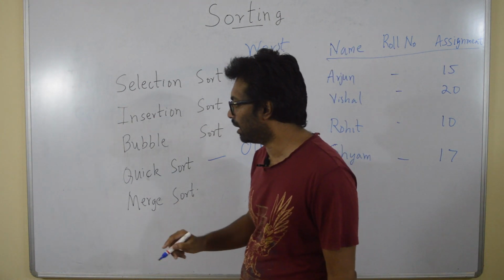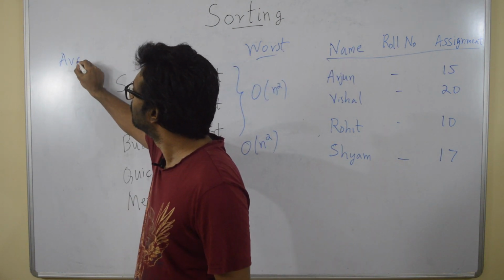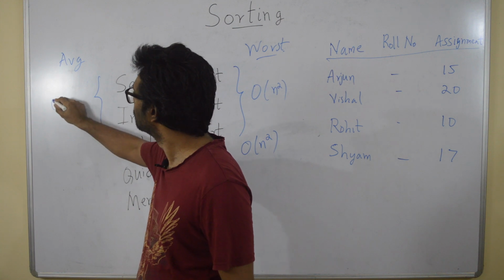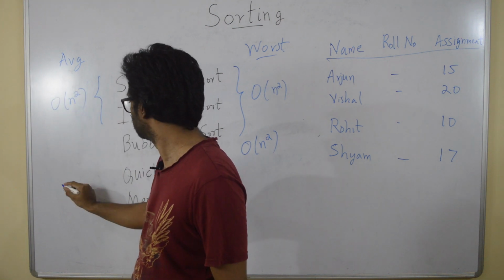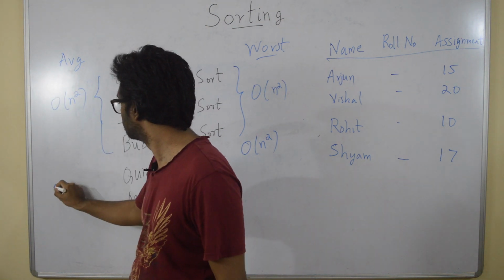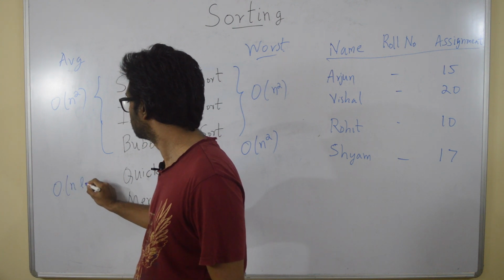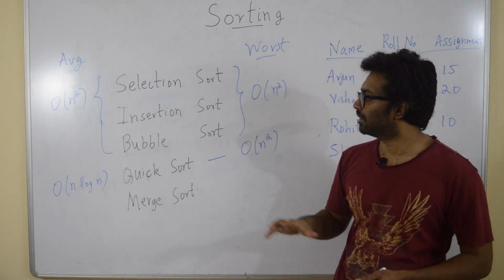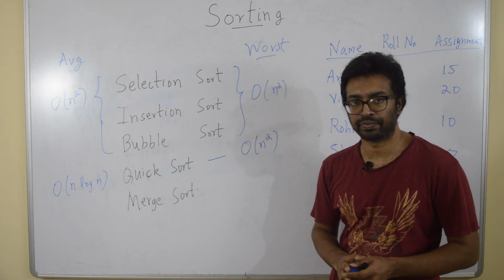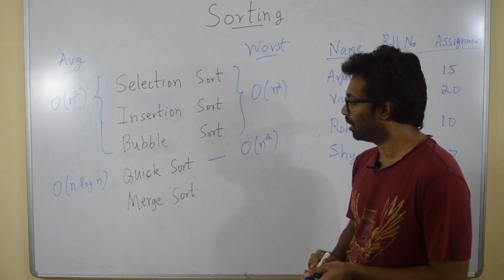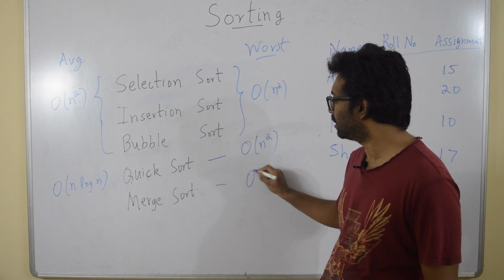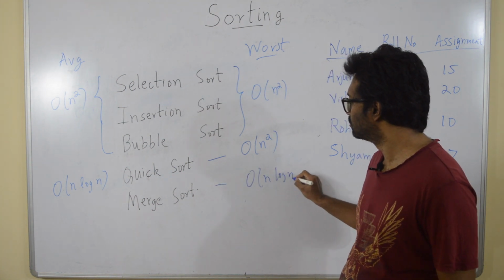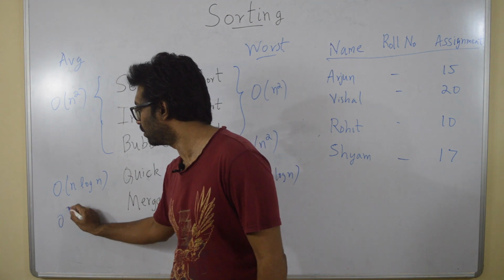On the other hand, in the average case, quicksort is going to take order of n log n. On the other hand, merge sort in the worst case is order of n log n, and the average case also order of n log n.